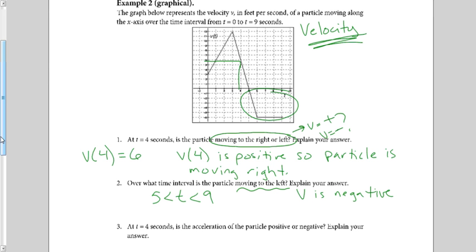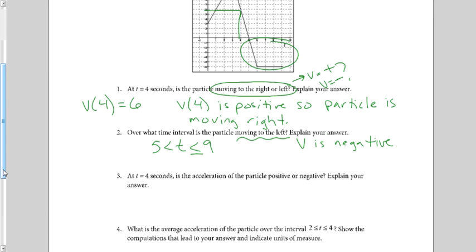So t between 5 and 9. Sorry, I need an equal sign at 9 because technically the velocity is negative at 9. I don't need an equal sign at 5 because at 5 the velocity is 0. So here's my interval, and I know that the particle's moving to the left because the velocity is negative.